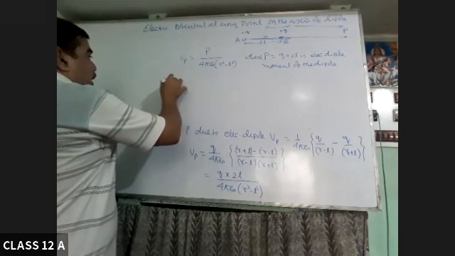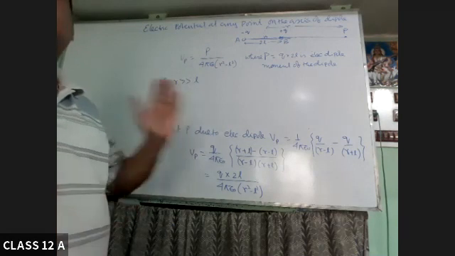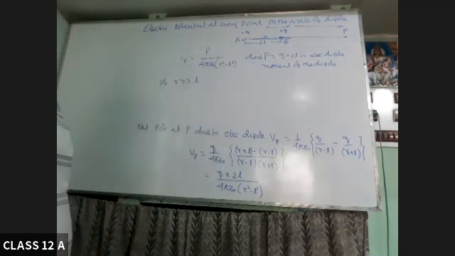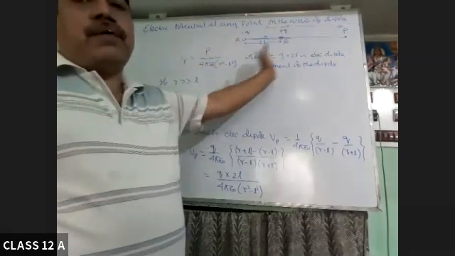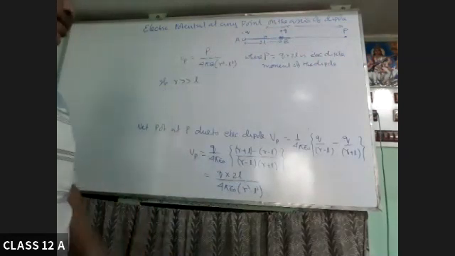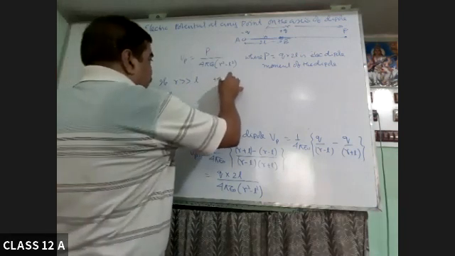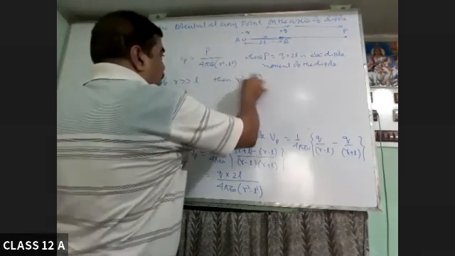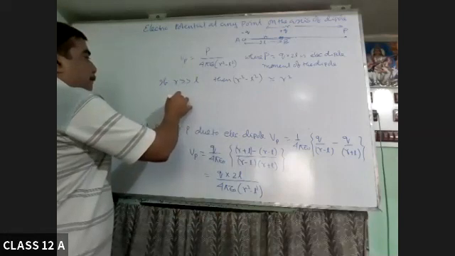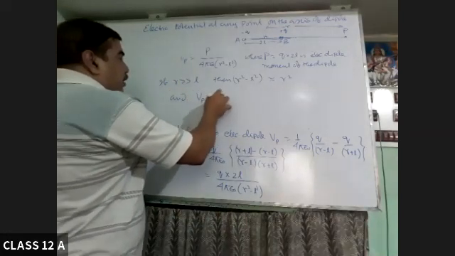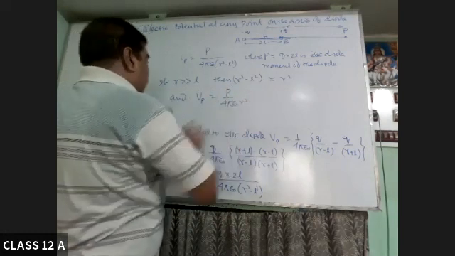Now, if this R is much more than L, sometimes the length of the dipole will not be given. In that case, we will assume the point P is far away from the dipole, so R is much more than L. Then R square minus L square will be approximately R square, and this electric potential will become P over 4 pi epsilon naught R square.